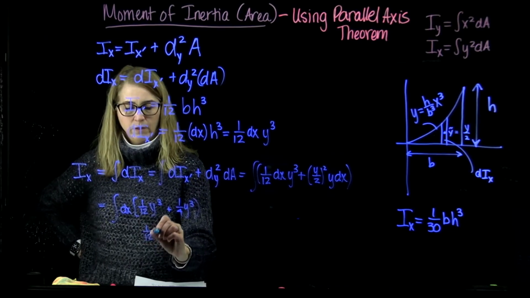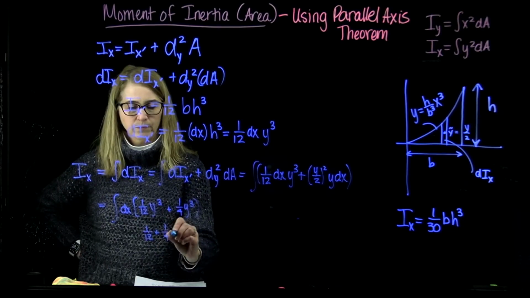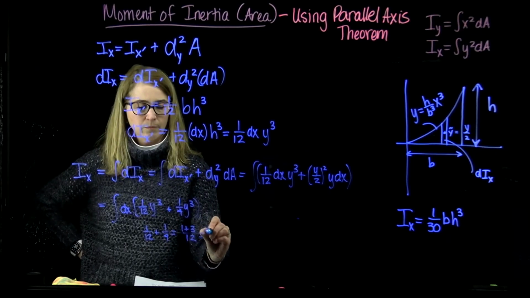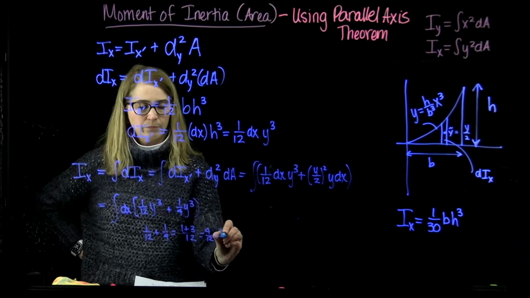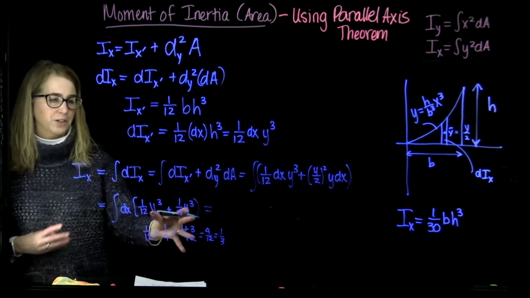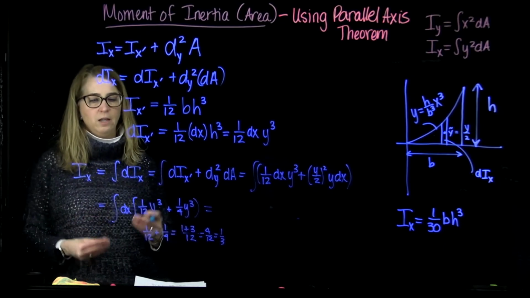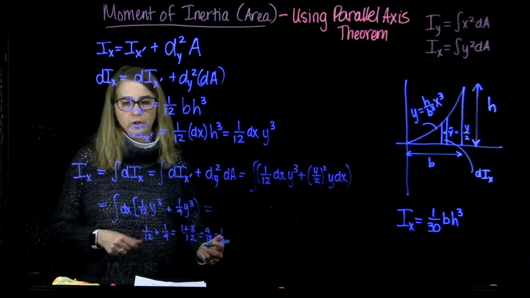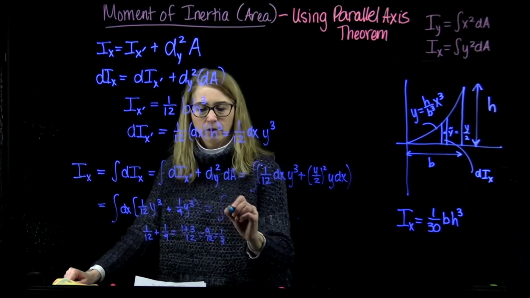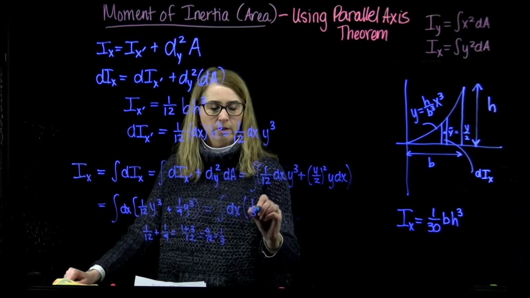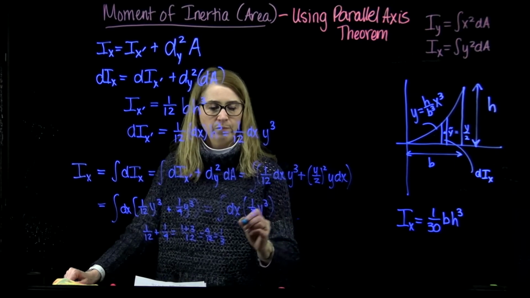What's 1/12 and 1/4? That's really nice because I can actually now add these two terms. If I look at the coefficients, 1/12 plus 1/4 adds up to be 1/3. And I get the integral of dx times 1/3 y cubed.